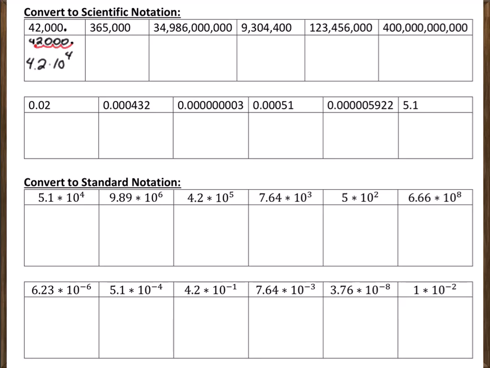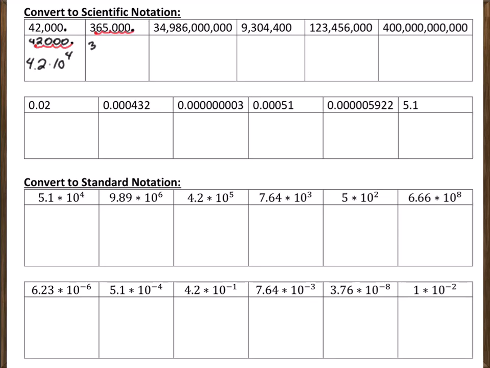So let's keep going. So right now, where's my decimal point? My decimal point is right here. Where does the decimal point need to land in order for this number to be converted to proper scientific notation? Well, the decimal point would have to land between the 3 and the 6. So let's count the number of spaces we have to move it. 1, 2, 3, 4, 5.